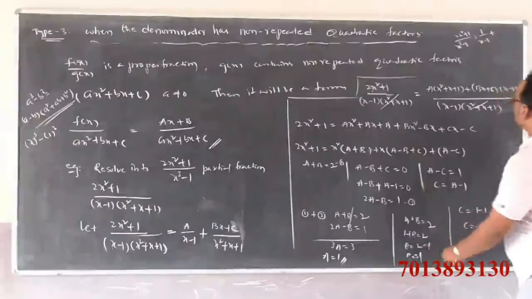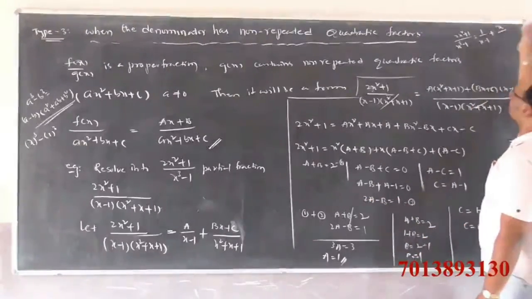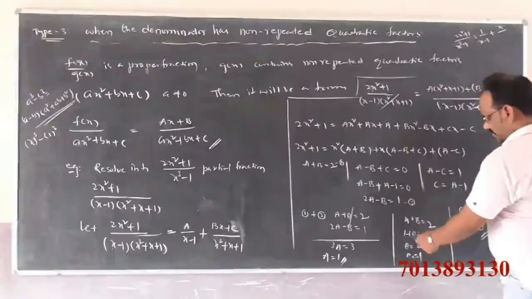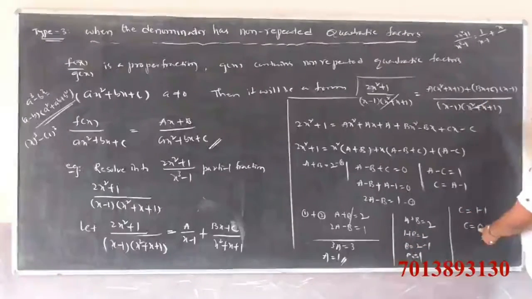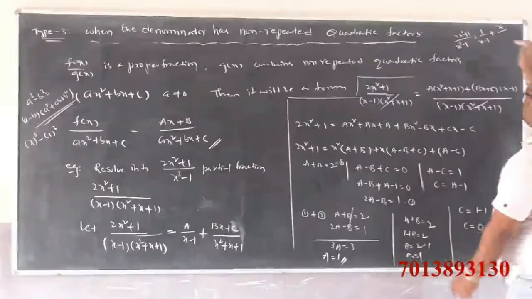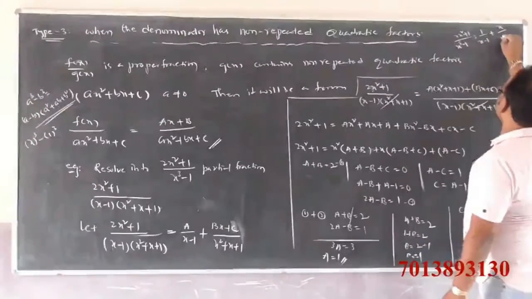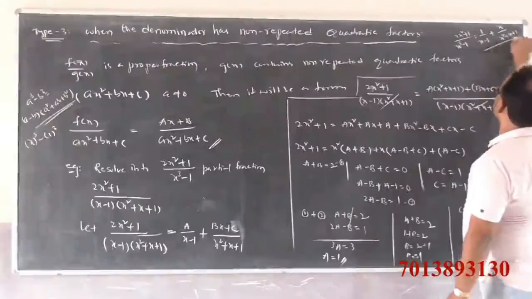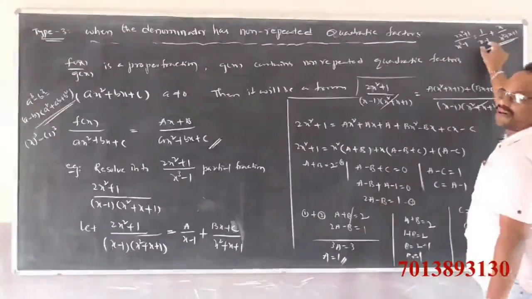The b value is 1, so 1 into x is x, and the c value is 0. So we get x by x square plus x plus 1.